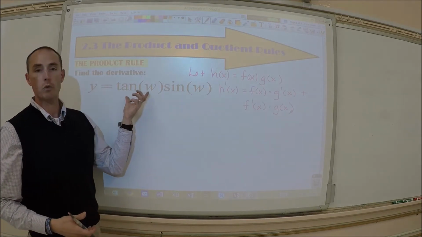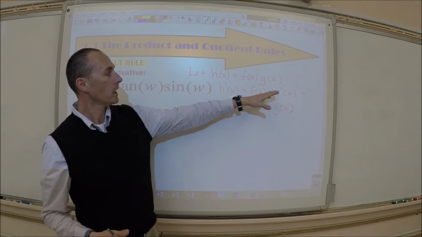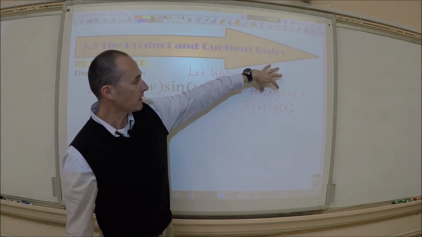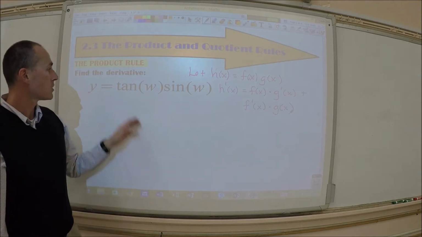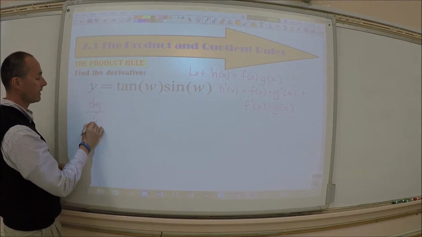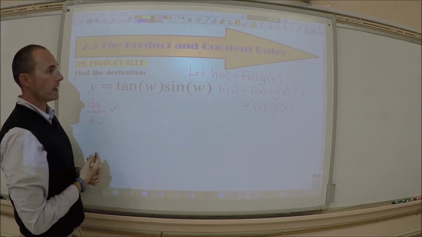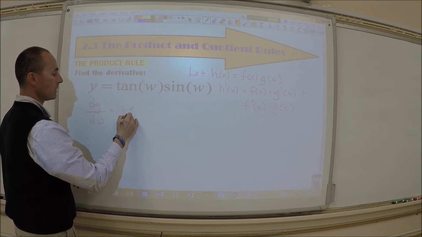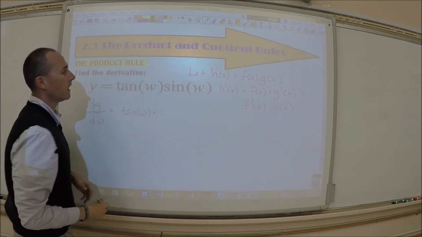It really doesn't matter which one you make the first function or the second function, and it also doesn't matter the order in which you write this out in terms of does this expression come first or that one, because it's addition, it's commutative. So in order to get our derivative here, and the notation here would be the derivative of y with respect to w, according to our definition, would be tangent of w times the derivative of sine of w.